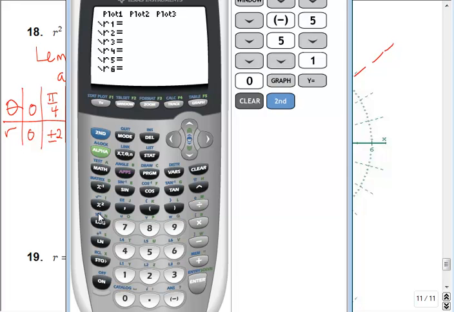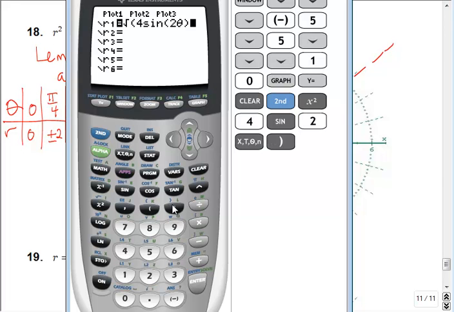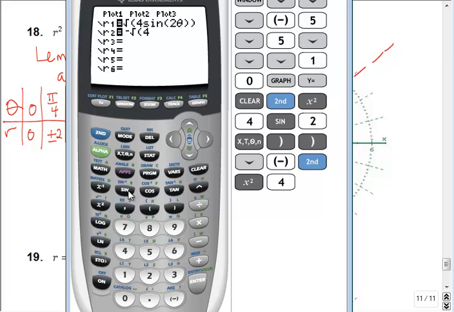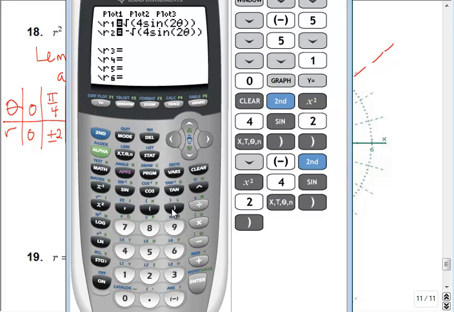So for example, in R1, I'm going to plot the positive square root of 4 sine of 2 theta. Close off your parentheses. And then I'm going to plot in R2 the negative square root case that we would get if we were to take the square root of both sides. Okay, so here's my two equations.